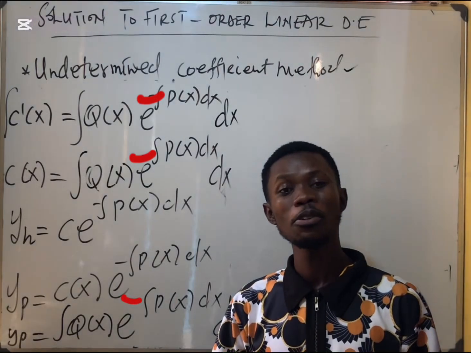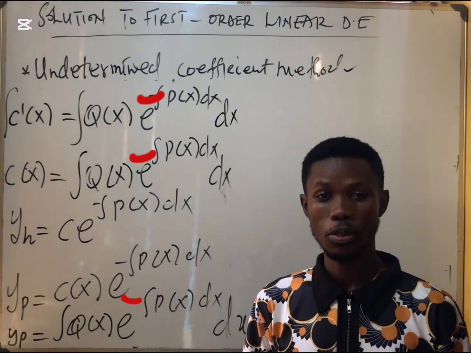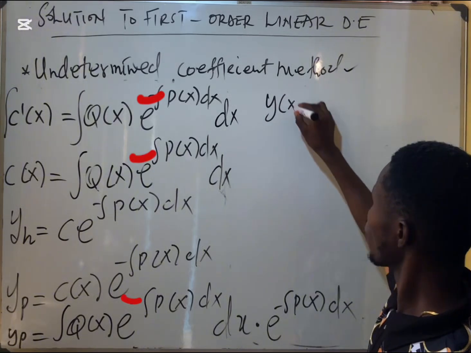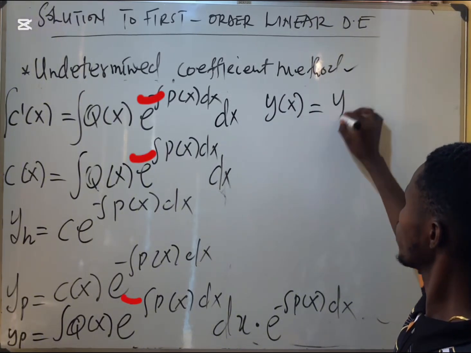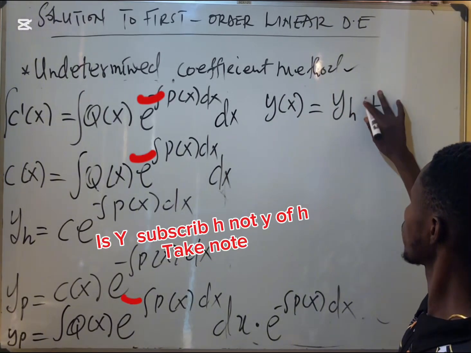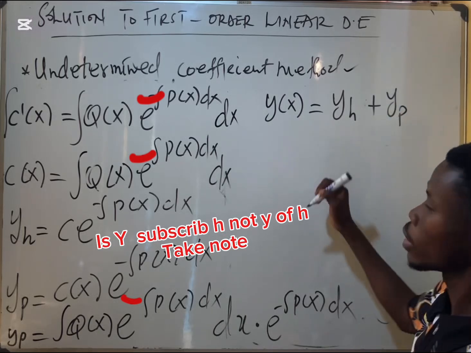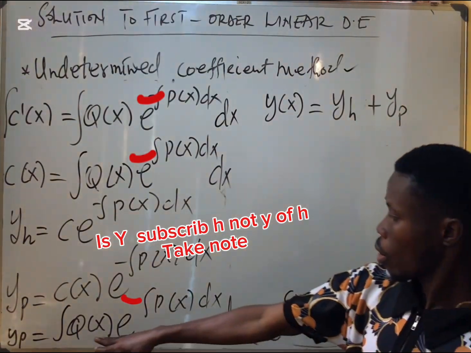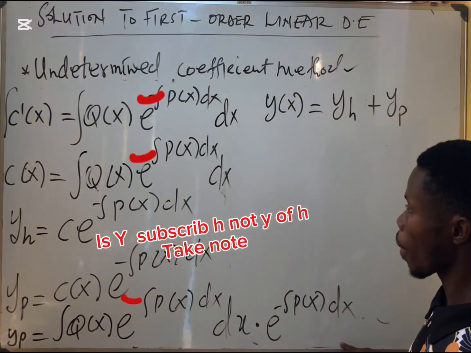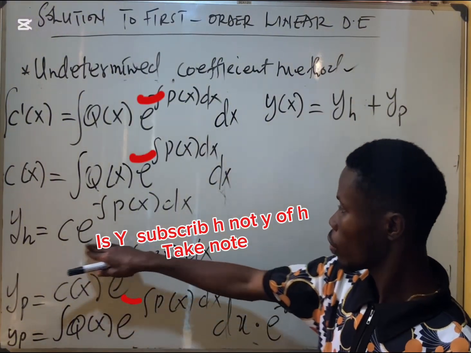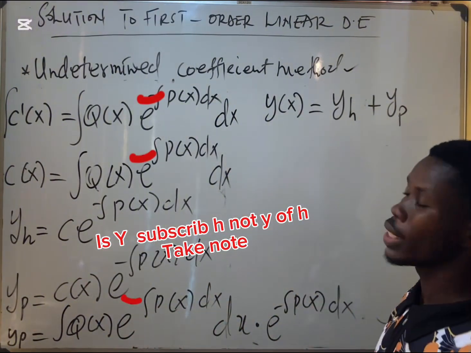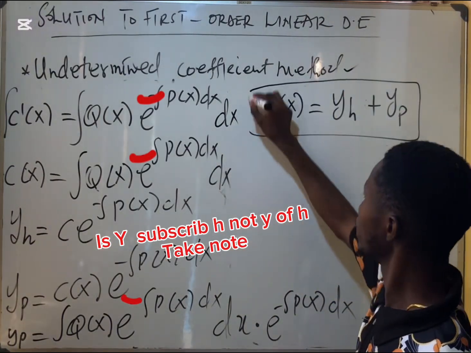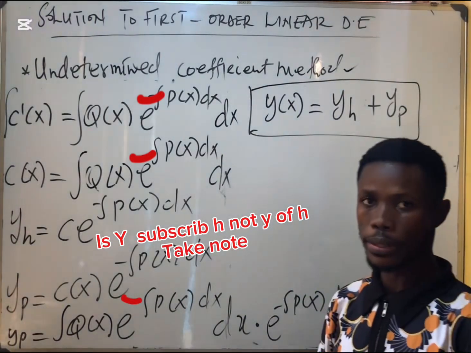Now when you finish, you want to find the general solution, which is given as y of h plus y of p. So the meaning of it is that you take all of this plus the whole of this, and that will give you the general solution of the first order linear equation.